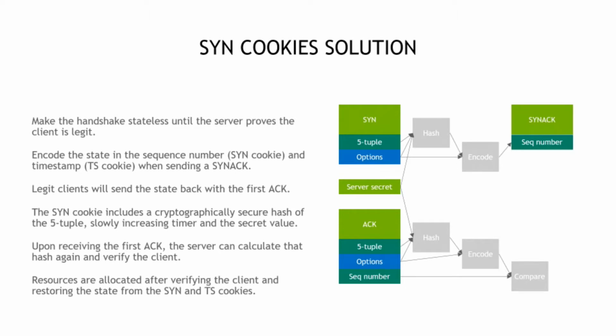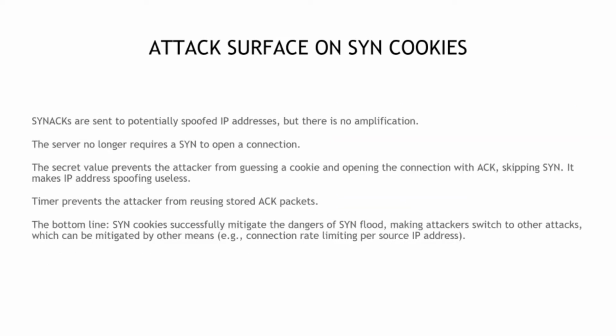Legit clients send the state back with the first ACK, and the server can decode it. Moreover, this state includes a cryptographically secure hash, which the server can use to verify that the cookie was issued by this server to this client. After verifying that the client is legit and decoding the cookie, the server can allocate resources.